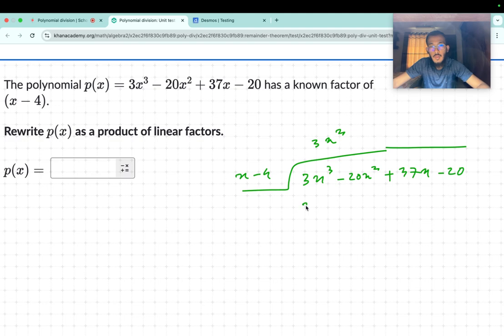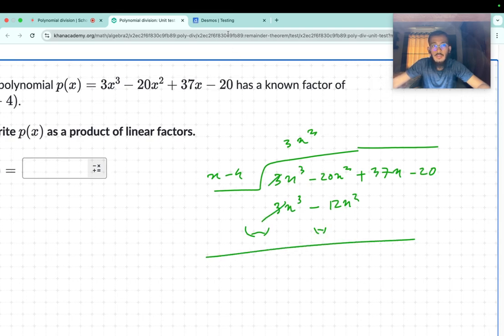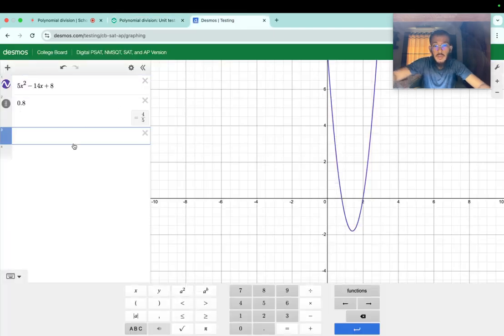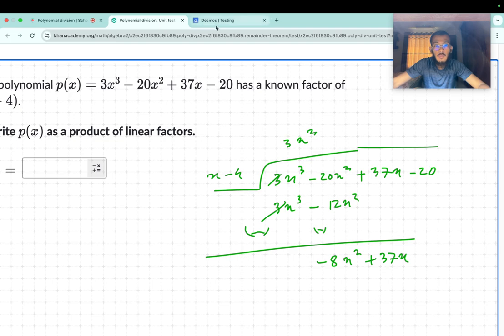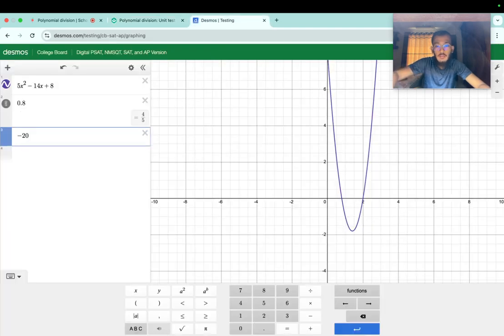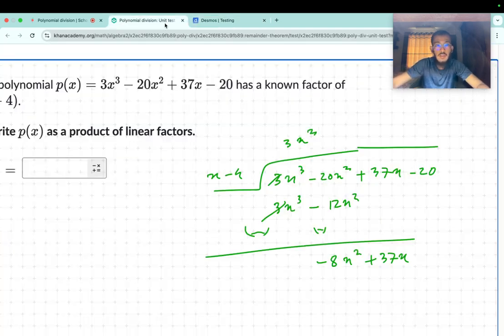We have 3x cubed, because 3x squared multiplied by x is cubed. Negative 4 times 3 is 12x squared. If we subtract this, this gets cancelled out. We have negative 20 positive 12, which is negative 8x squared positive 37x.